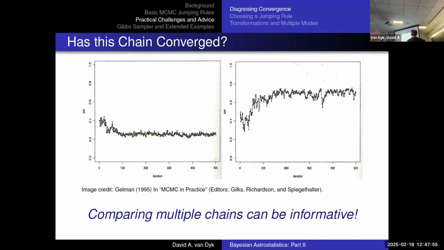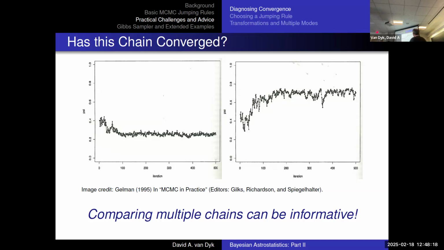Because this is exactly the same Markov chain, exactly the same problem. Has it converged? Well, if I looked at just the one, I thought I was golden. When I look at the two, if I look at either one by itself, it looks golden. But they tell me something different. Probably what's happening here is that the posterior actually has two modes, and the chain sometimes goes to one and sometimes goes to the other.